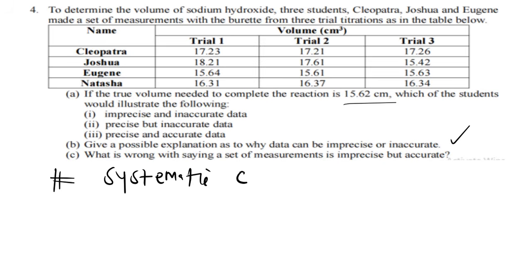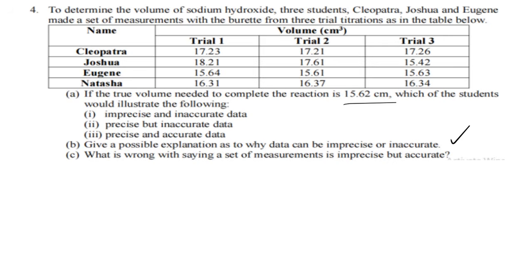Most of the time we're talking about the instruments themselves, like the burette itself being miscalibrated. Sometimes the solution itself is contaminated, or there is some incorrect reading of the scale. So basically those can also contribute to us having wrong answers.